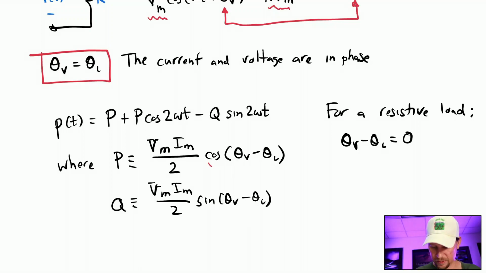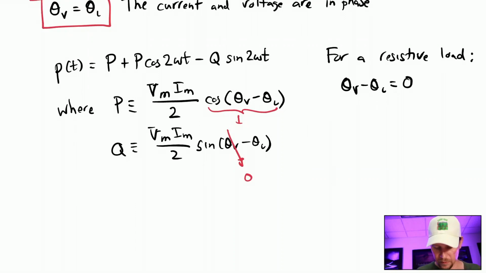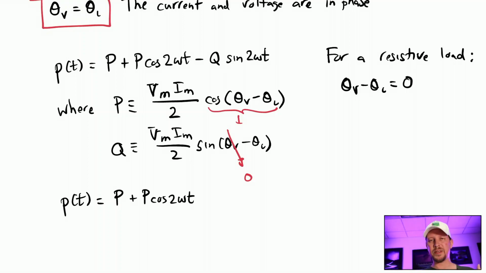And so this term turns into 1, while the sine term turns into 0. So for the instantaneous power, we actually have P times (1 plus the cosine of 2 omega t). Notice that there is no reactive power whatsoever for a purely resistive load.